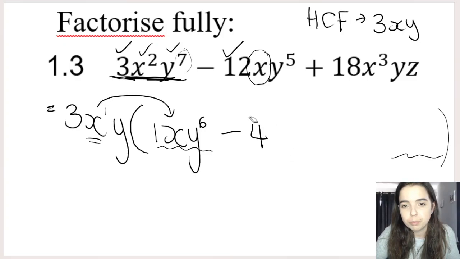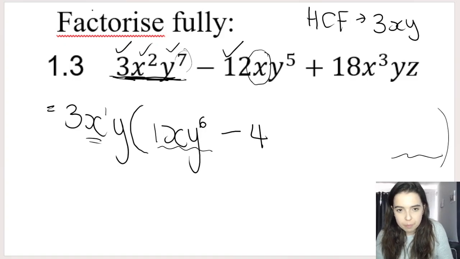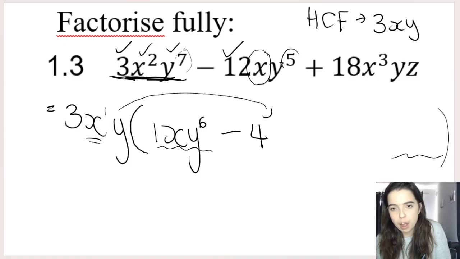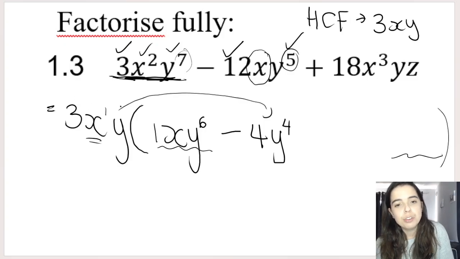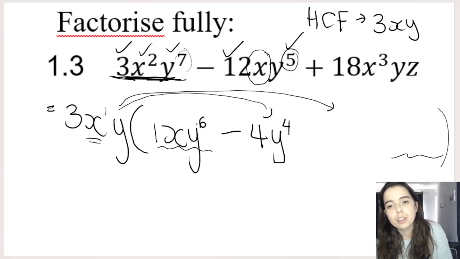Then we're going to say, okay, cool. Y multiplied by what gives me y to the power 5? This needs to be y to the power 4. Y multiplied by y to the power 4 will give me y to the power 5. And then my last one, 3 multiplied by what will give me 18? 3 multiplied by 6.